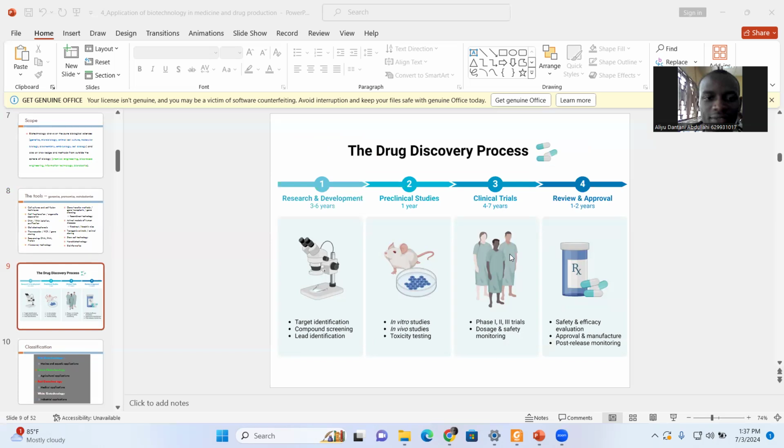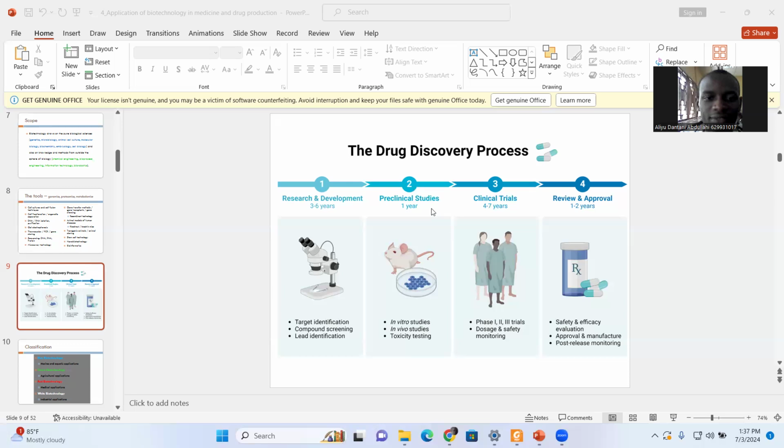This is just a schematic chart showing the drug discovery process: research and development, conventional compound screening and identification of lead. You need to find out what a lead and a hit compound is.